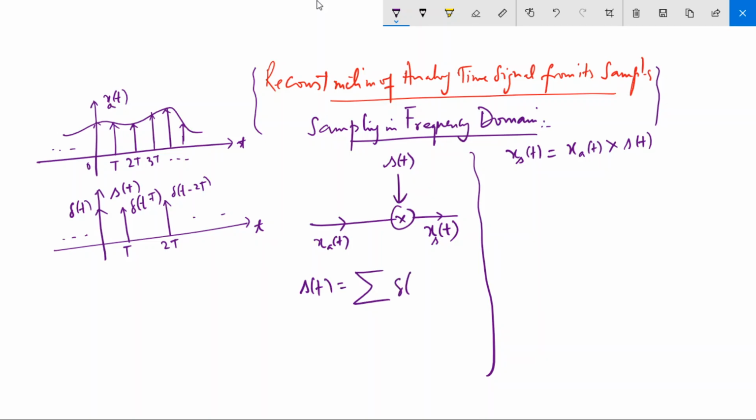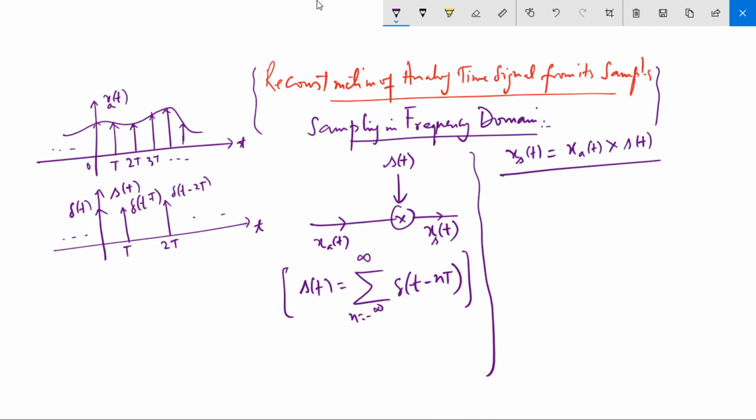I can write it as the summation over n from minus to plus infinity of delta(t - nT). So you get delta(t), then delta(t - T), delta(t - 2T), and so on. This is the impulse train, a very important signal in the study of the sampling theorem.